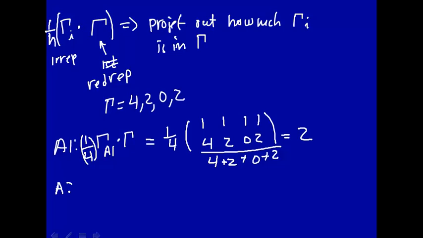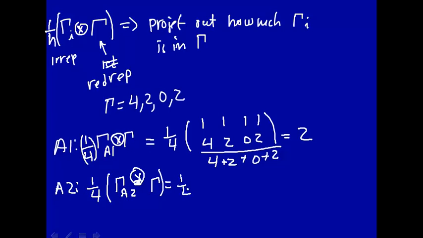Let's look at A2. We'll do this again, 1/4, the normalization there, the gamma for A2, times the reducible gamma. I should be consistent with what the textbooks use. This would be this funny symbol here, an X or a plus. I think it's an X. That's equal to 1/4.